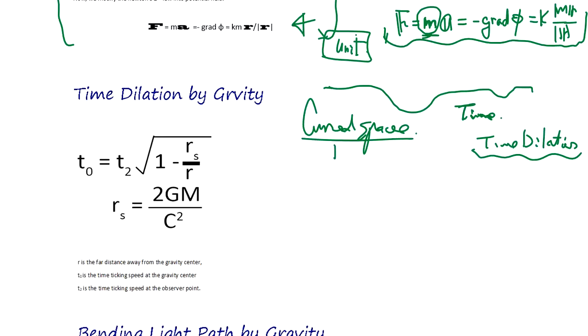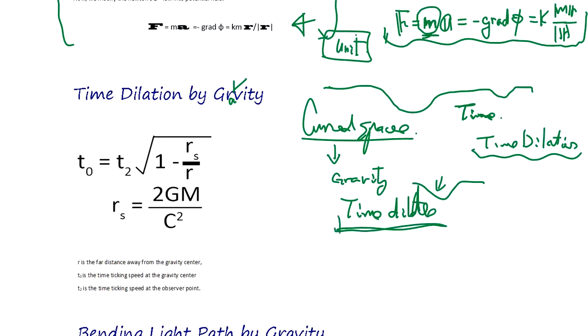shows that in gravity, which is the curved space, this area, time dilates, again time dilation. Now this time dilation is different from the special theory of relativity, where time dilation is in the Lorentz transformation, but this is additional time dilation by gravity.